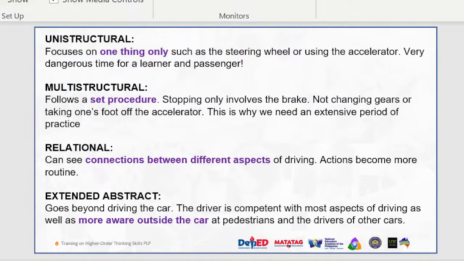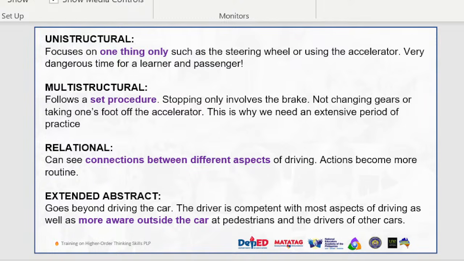So at the unistructural, the driver student focuses on one thing only, such as the steering wheel or using the accelerator. Very dangerous time for the learner and the passenger, focusing only on one thing.